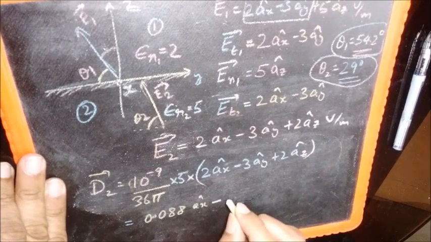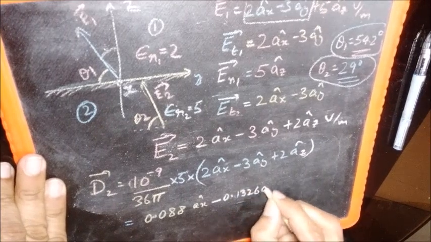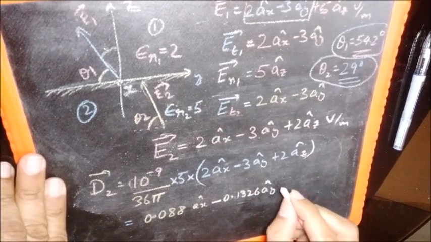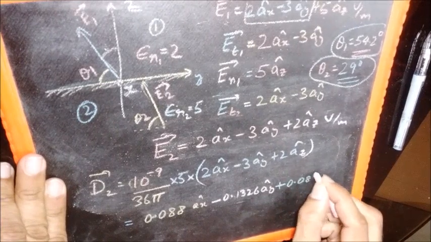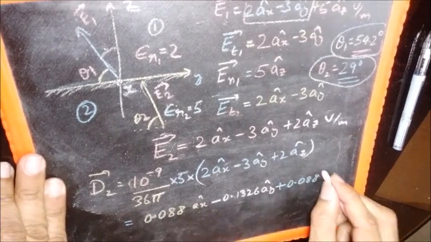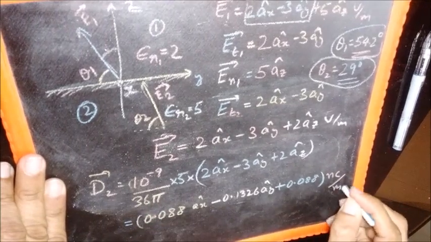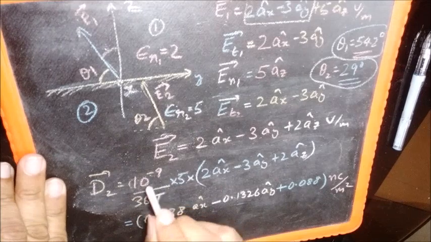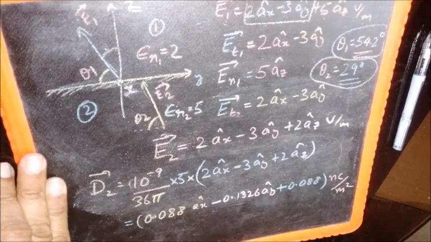minus 0.1326 ay cap plus 0.088 az cap nano coulomb per meter square. The nano arises because of the 10 power minus 9, otherwise this number would be very, very small if you tried to express it in coulomb per meter square.